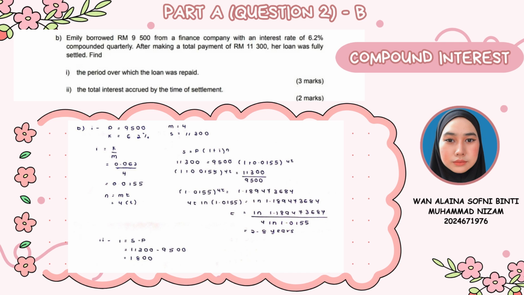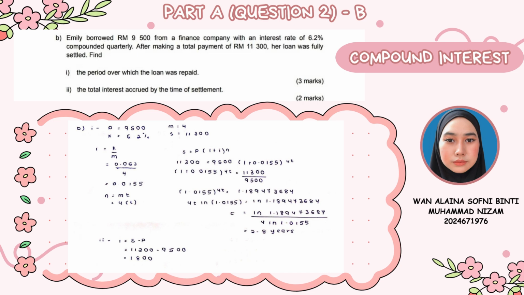After that, we solve it using ln for T and calculate the ln. And lastly, divide both sides to solve for T, and we solve it using a calculator. So the answer is 2.8 years.